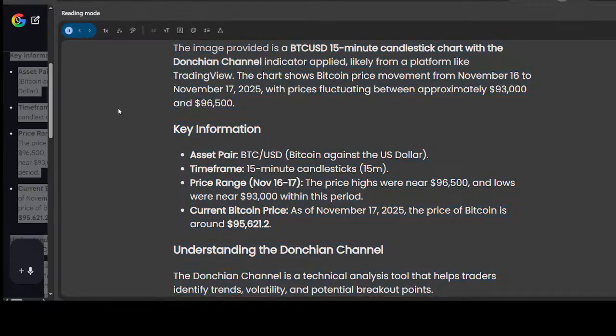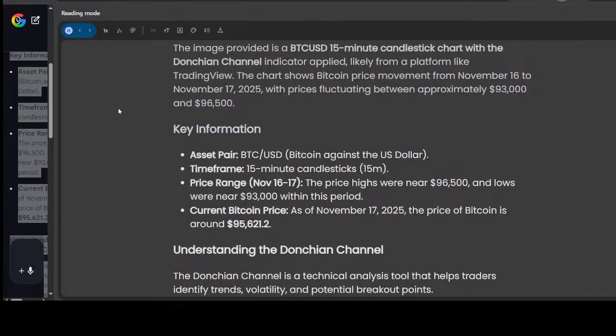The image provided is a BTC/USD 15-minute candlestick chart with the Donchian channel indicator applied, likely from a platform like TradingView. The chart shows Bitcoin price movement from November 16 to November 17, 2025, with prices fluctuating between approximately $93,000 and $96,500.